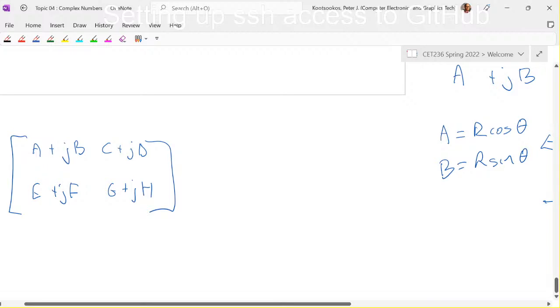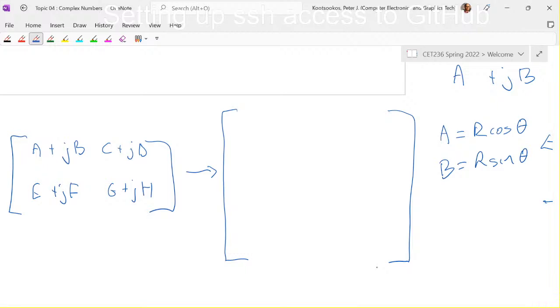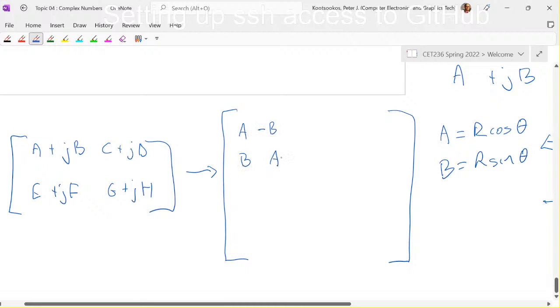But what you can do is convert that 2 by 2 complex valued matrix into a 4 by 4 real valued matrix. All you do is replace each complex number with a 2 by 2 matrix.